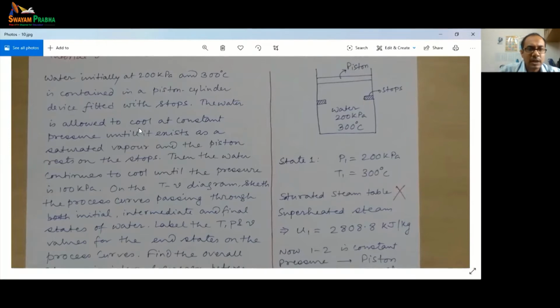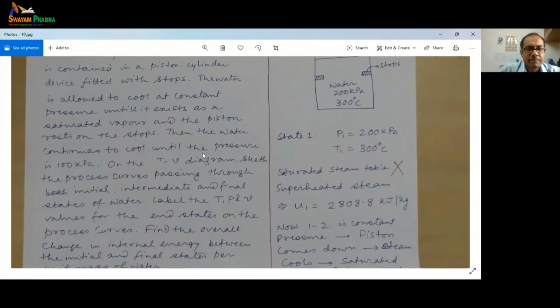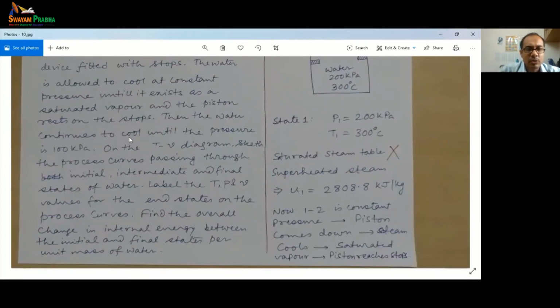Now the water is allowed to cool at constant pressure until it exists as a saturated vapor, and the piston rests on the stops. So water is cooled down, so pressure inside comes down, the piston comes down, and it rests on the stops, and the water is further cooled down until the pressure is 100 kPa.